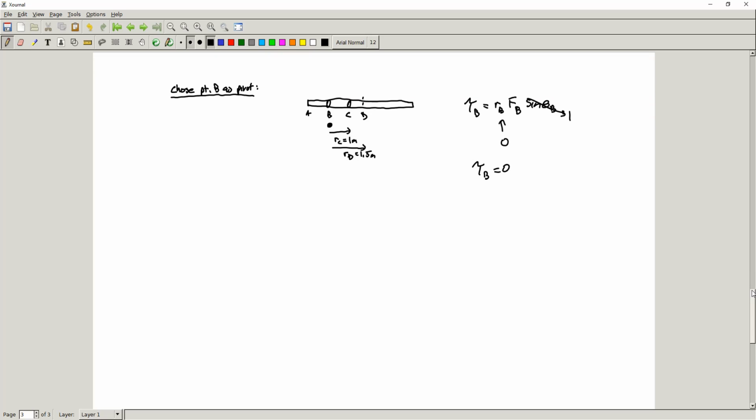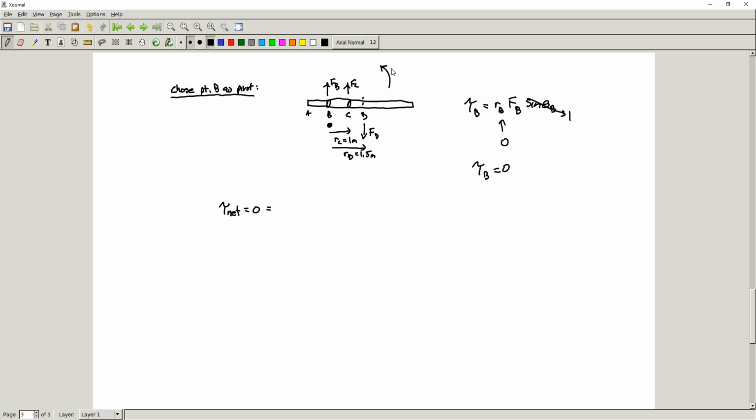So let's start off as we did in the previous case, applying our second equilibrium condition. Our net torque is going to be equal to 0. We're thinking of these as being FB in this direction, FC in this direction, and FD in that direction.